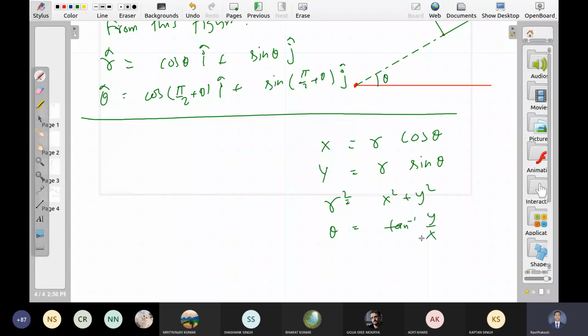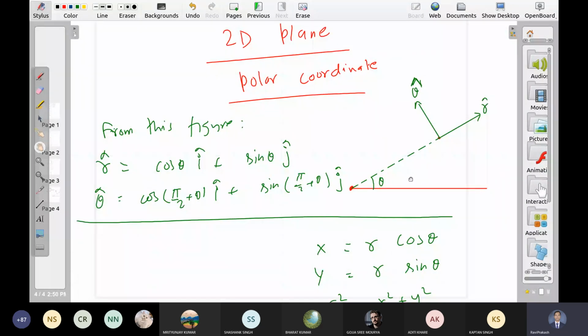I can find r cap, theta cap vector in terms of i cap, j cap. स्केलर्स से आप वेक्टर्स ड्राइव कर सकते हैं. You don't have to redo the geometry part again for the vectors. आपको वेक्टर्स पता करने के लिए दोबारा से ज्योमेट्री में जाने की जरूरत नहीं है. Once you got the connections, स्केलर्स में कनेक्शंस मिला है, that is enough. कैसे?